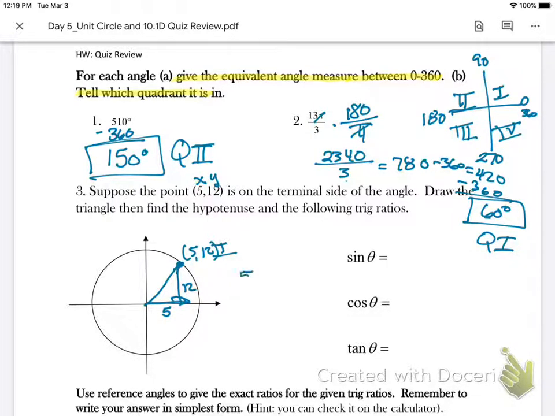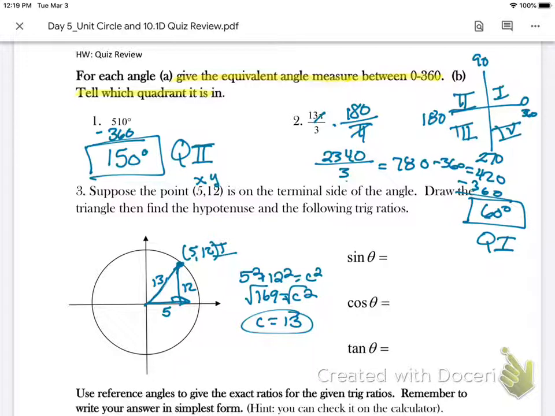Use the Pythagorean theorem, so 5 squared plus 12 squared equals, we'll just call this c squared. 5 squared is 25. 12 squared is 144. So 169 equals c squared. Square root, c equals 13. So in the hypotenuse, I'm going to put 13.